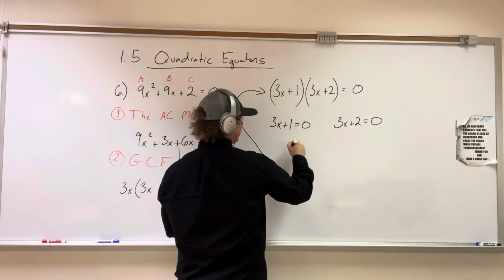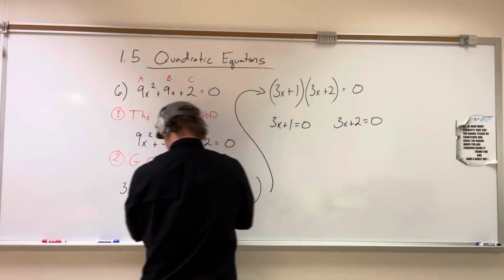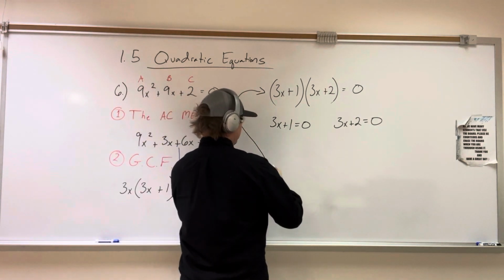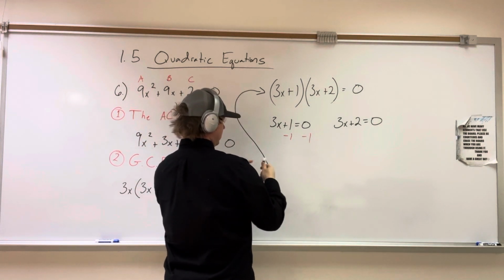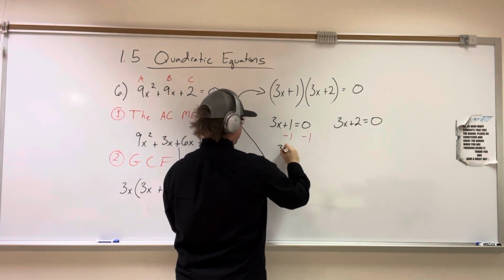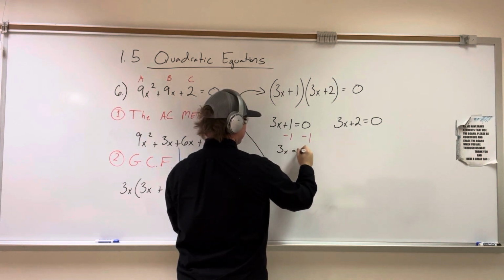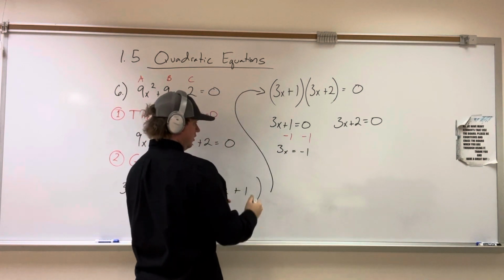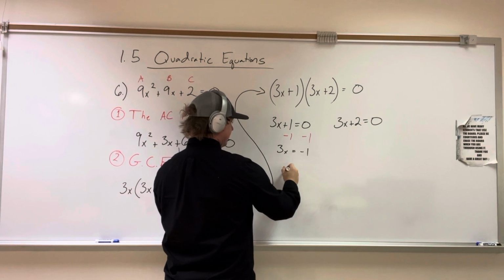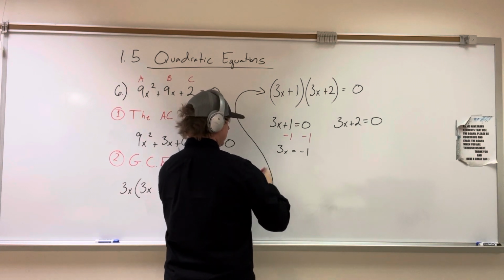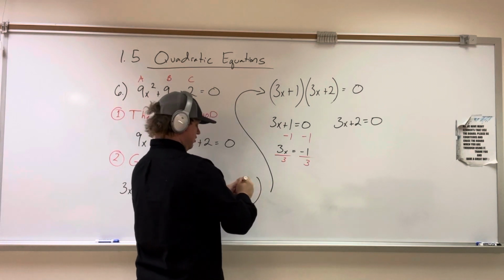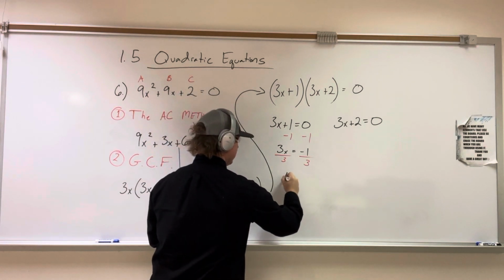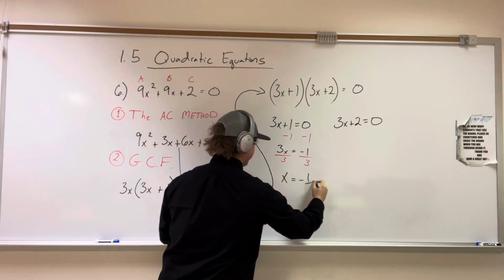So 1 moves over. Subtract 1 on both sides. 3x equals negative 1. Then you divide both sides by 3. x equals negative 1/3.